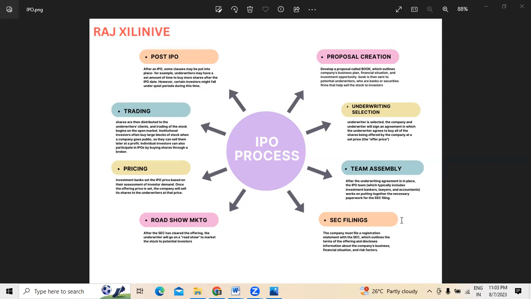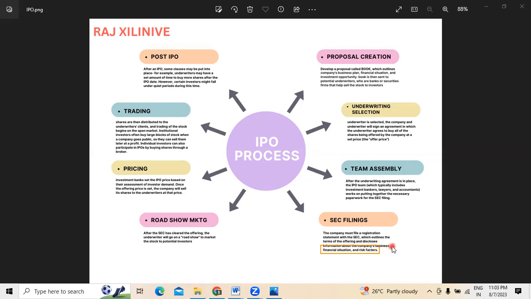Discloses information relating to the company's financial situation and risk factors.